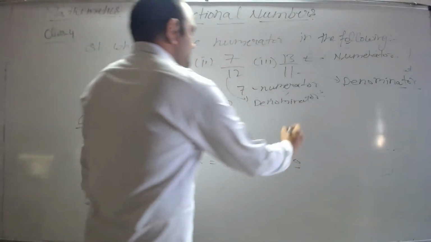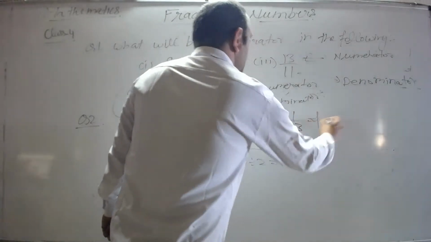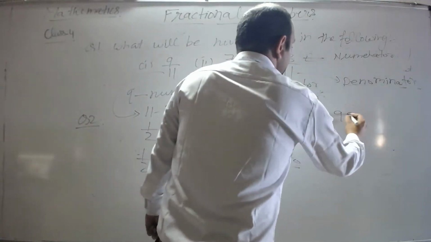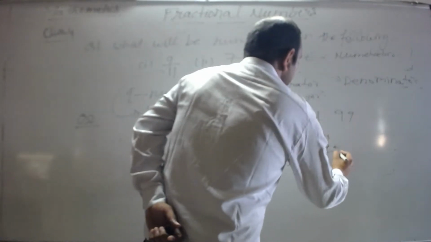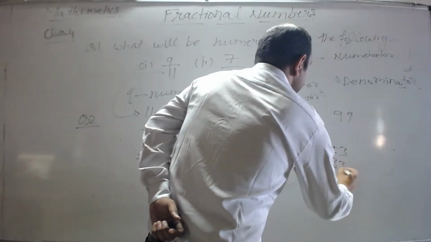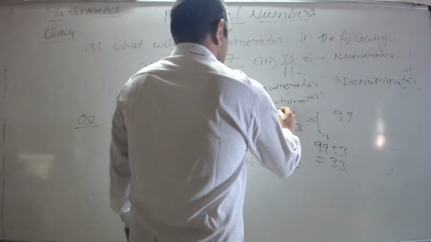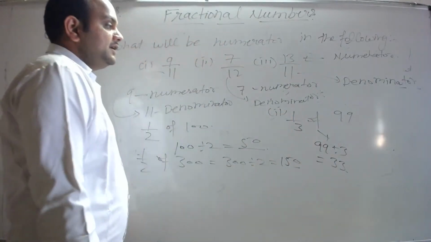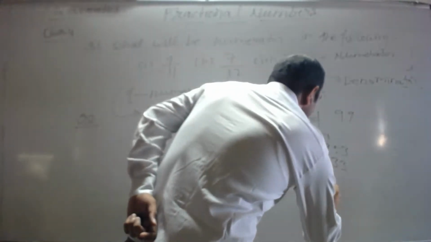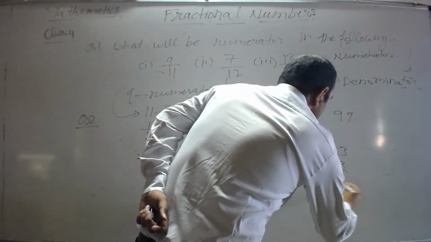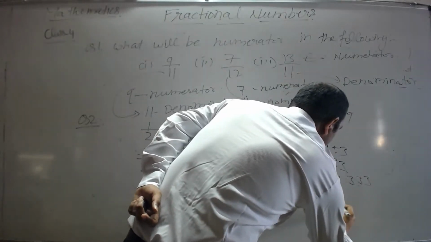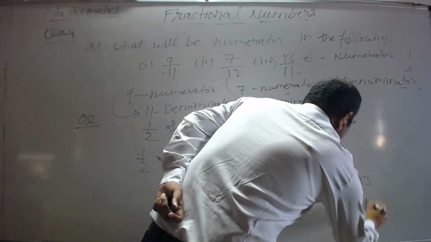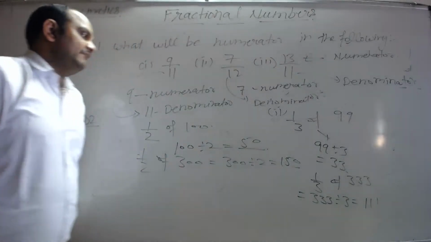And if we need one third of 99, then what will we do? 99 divided by 3, that is 33. To find out one third of 333, that will be 333 divided by 3, that will be 111.